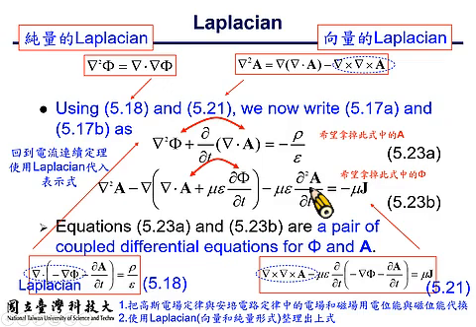In the first equation, I want to get rid of A. In the second equation, I want to get rid of phi, so as to reveal the relationship between J and A, and rho and phi. To do this, we need some extra help.